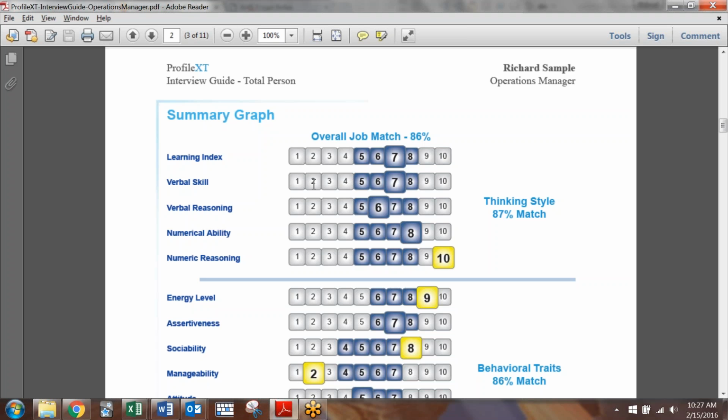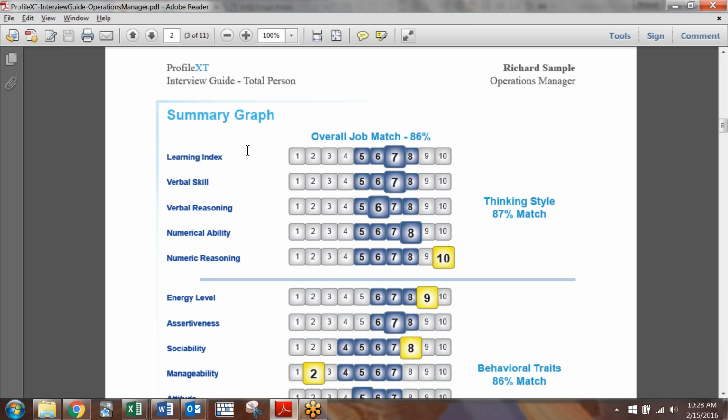The other feels that person is running so far ahead that they can't understand what they're saying. So it can create issues or friction if there's a significant difference between the score of a manager, for instance, and the person who reports to them. So that's why this is probably a pretty good score for this person.